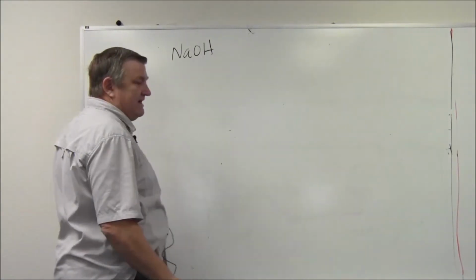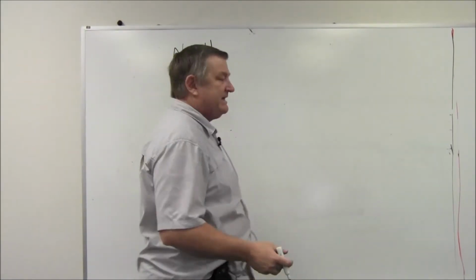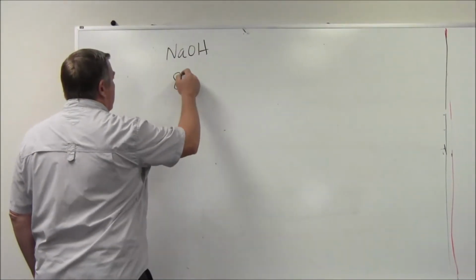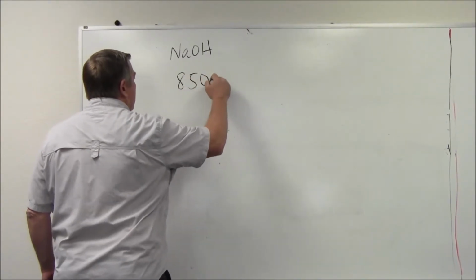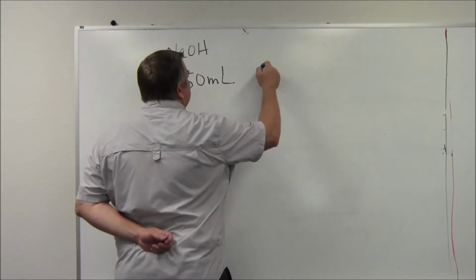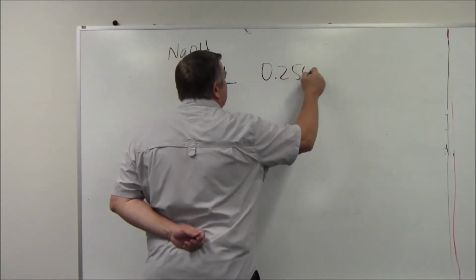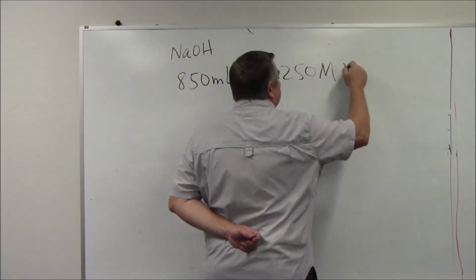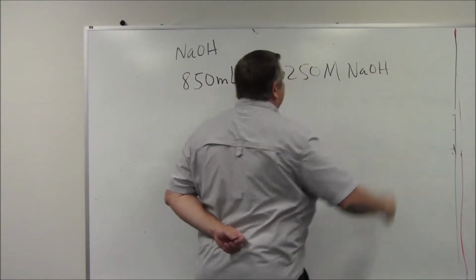Let's say we have a lab, and let's say we need to make 850 milliliters of 0.250 molar sodium hydroxide.